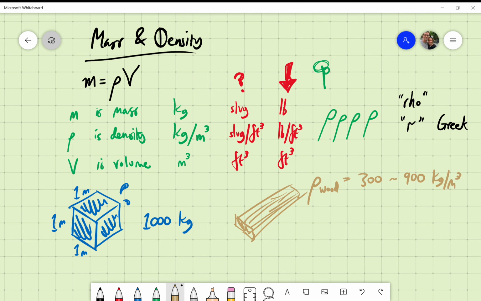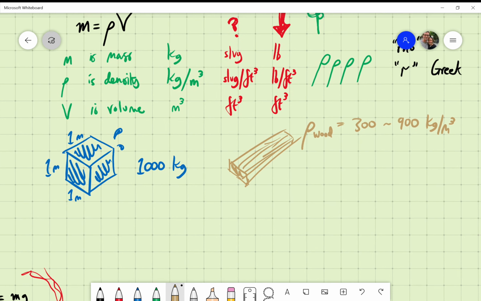So compare that to water. Wood is generally like a third to almost the same as the density of water, which is why wood floats. Almost all wood floats. There are a couple of species of wood that are slightly more dense, but generally wood floats.